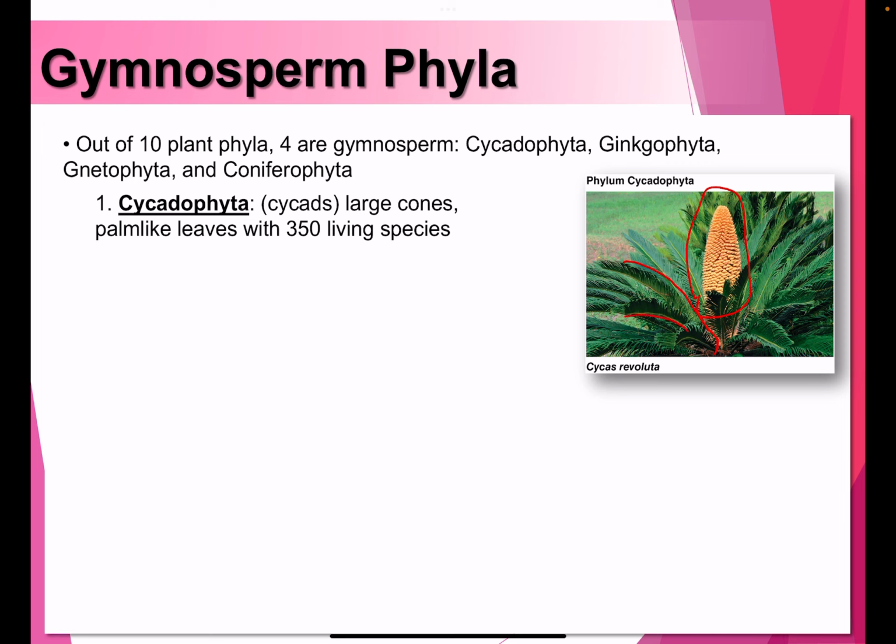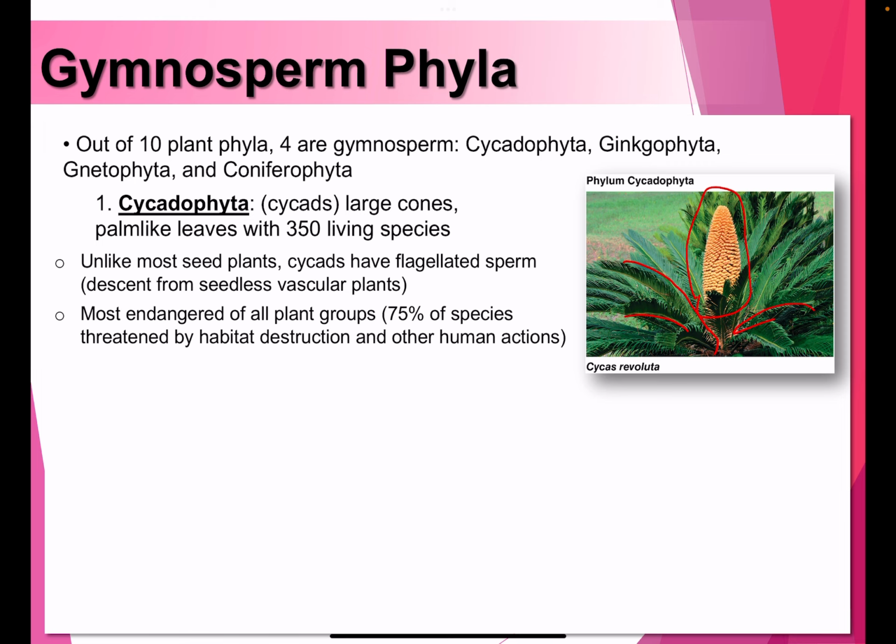They make up 350 living species today. And unlike most seed plants, cycads have flagellated sperm, which tells us that they are a descendant of seedless vascular plants.